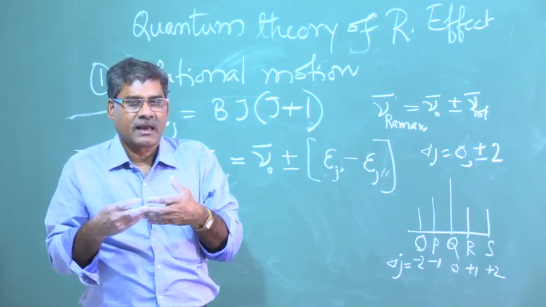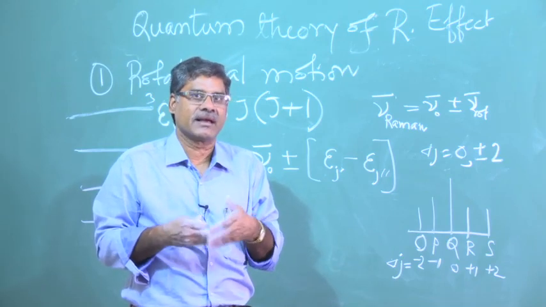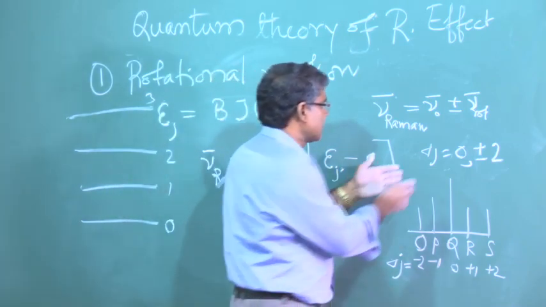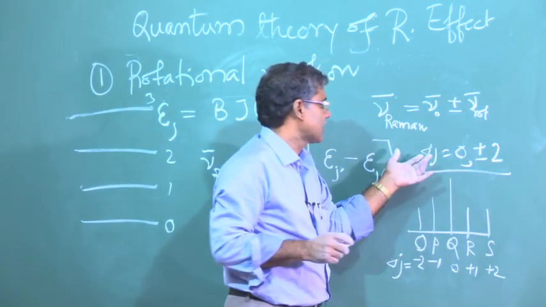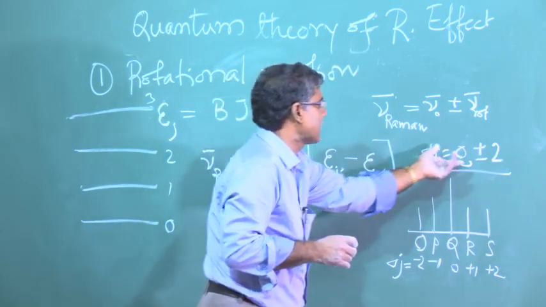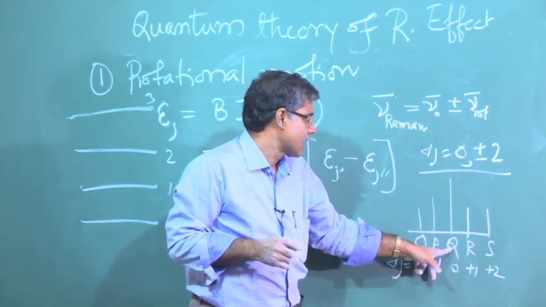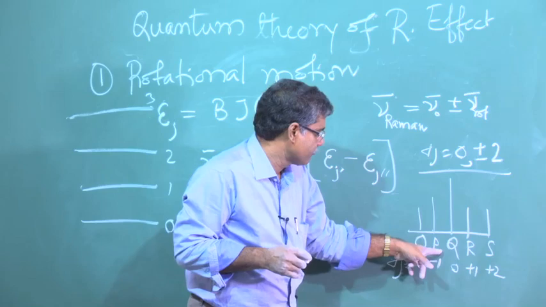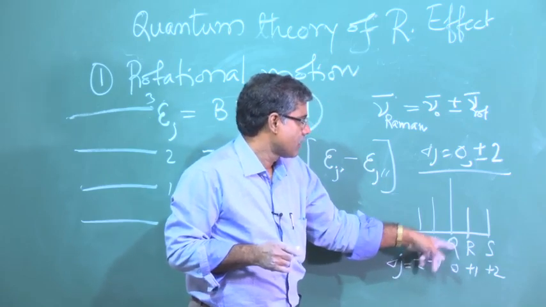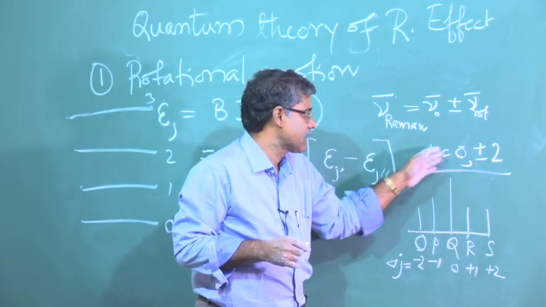So, that is the reason why the selection rule is different from the original one. The selection rule is del j equal to 0, plus minus 2. When del j equal to 0, you will get the Q branch, and del j equal to plus 2 and del j equal to minus 2.